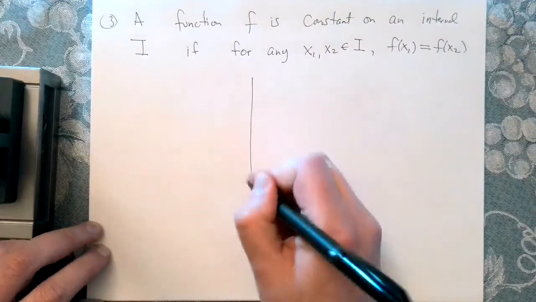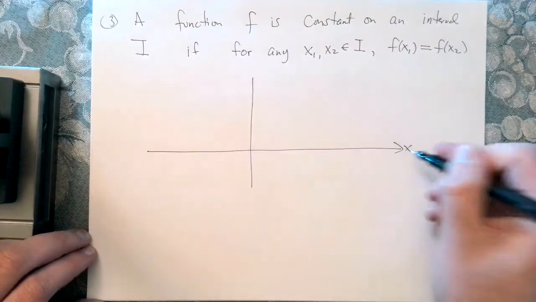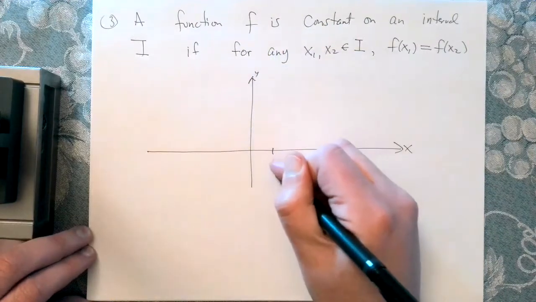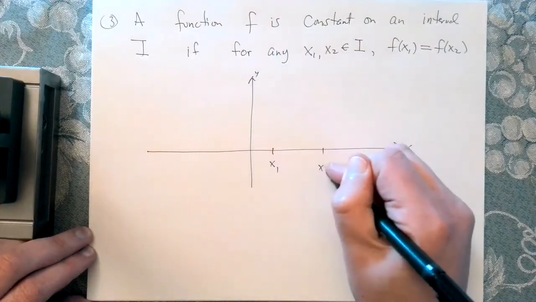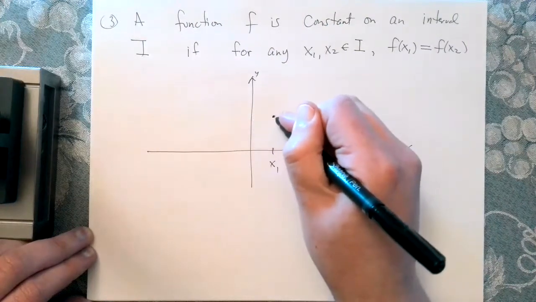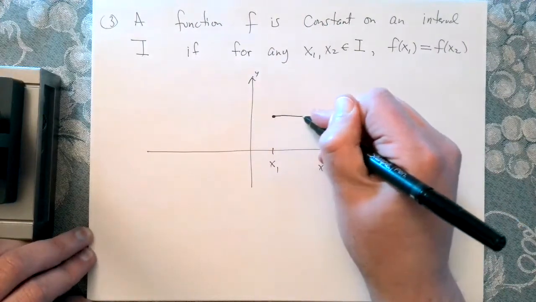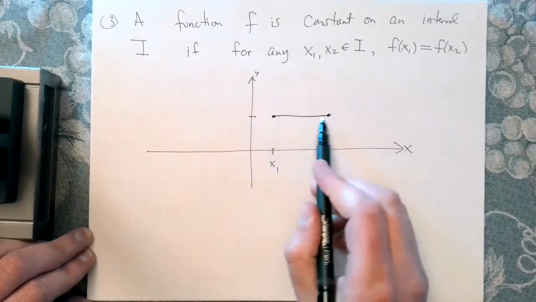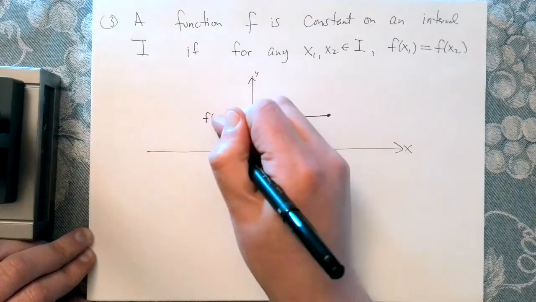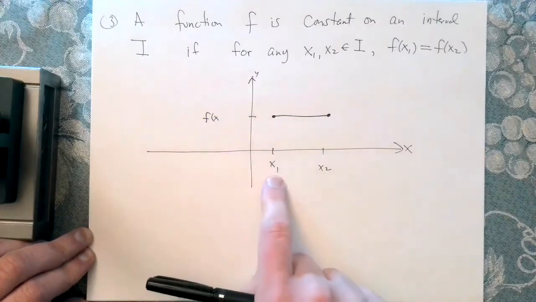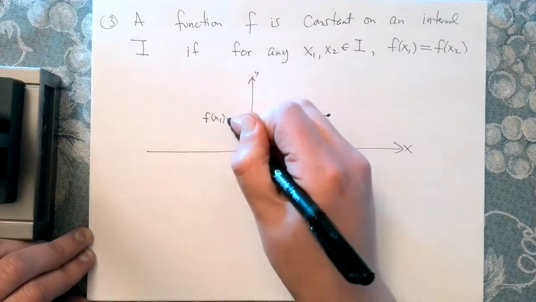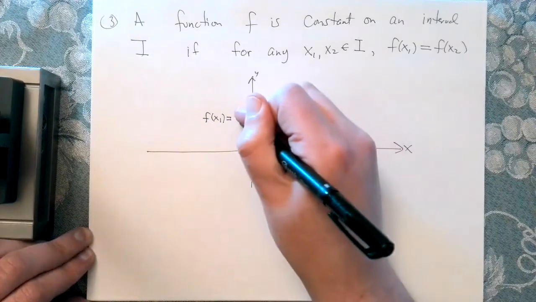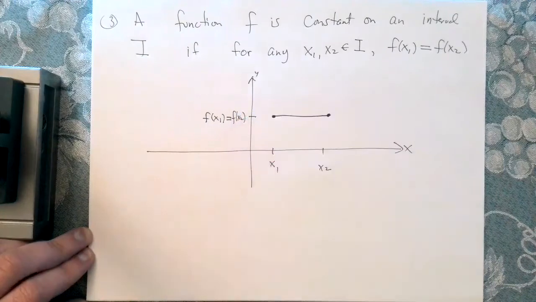And let's see why that makes sense. Why does that describe a function being constant? Well, here these line up with the same y value, so that means that f of x1, that's the y value that x1 is sent to, is the same thing as f of x2, that's the y value that x2 is sent to. So that makes sense as a definition.